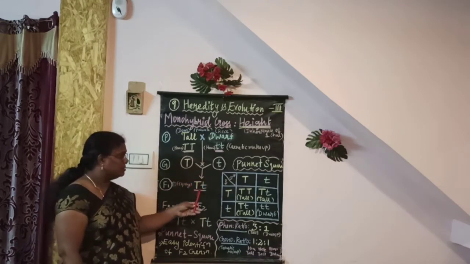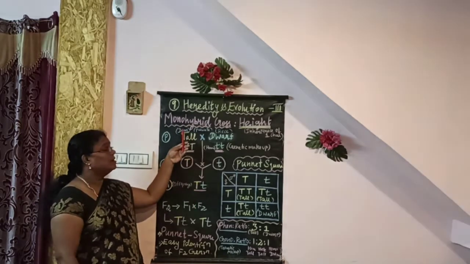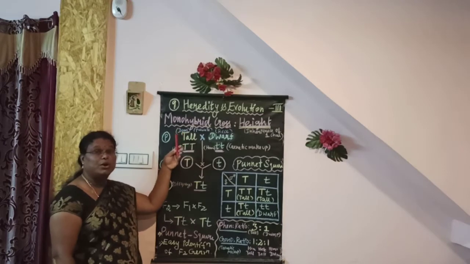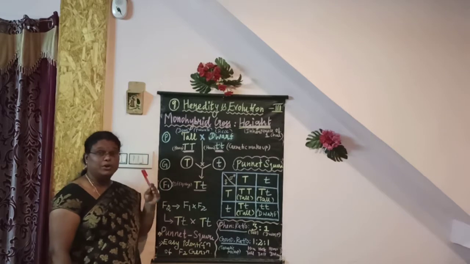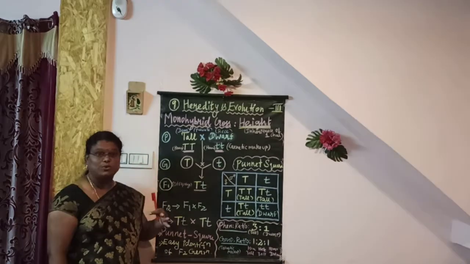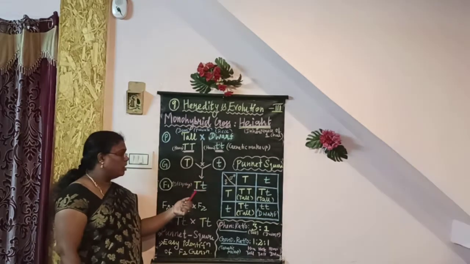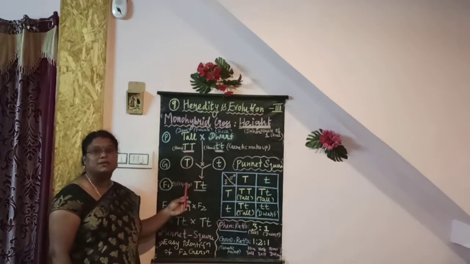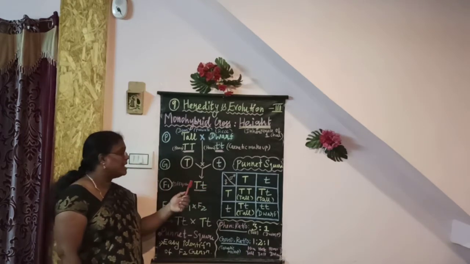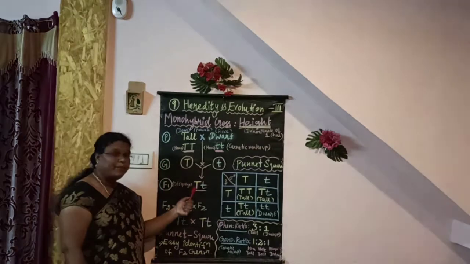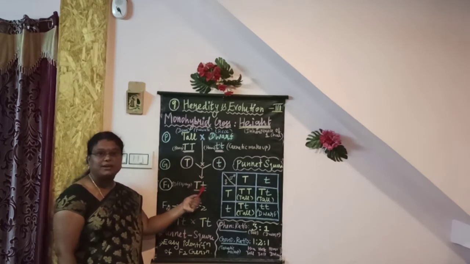And why is capital T written first? Because this is the tall gene, that is the dominant gene. According to Mendel's law, the law of dominance, the dominant gene expresses more exclusively. So this is written first, and the resultant one will be tall because the dominant gene expresses more. The recessive gene will express only in the absence of the dominant gene. Here the dominant gene is present, so the recessive character is hidden.